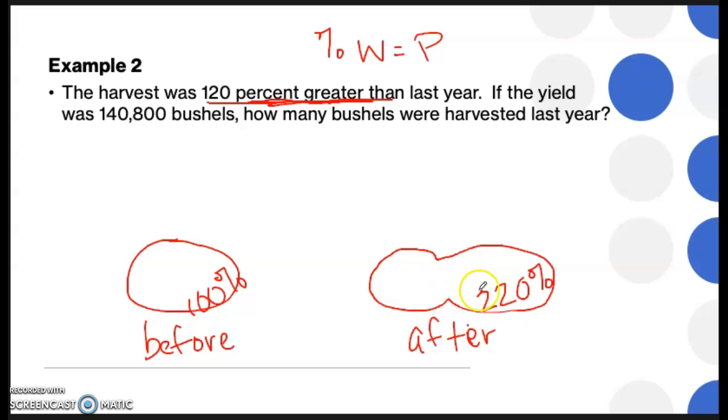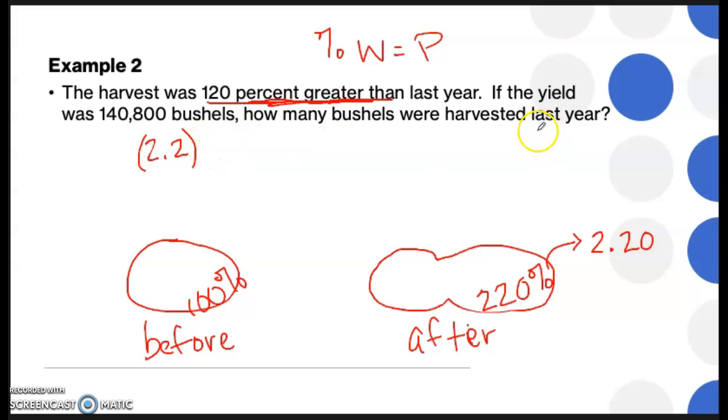The percent is this 220%. How do we write that as a decimal? 220% would be 2.20, just like 220 cents is $2.20. So our percent is 2.2, the percent of the whole.